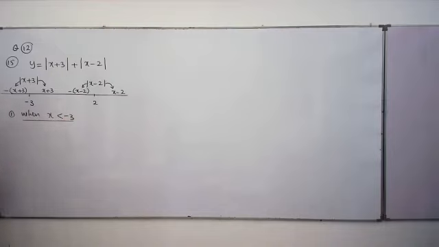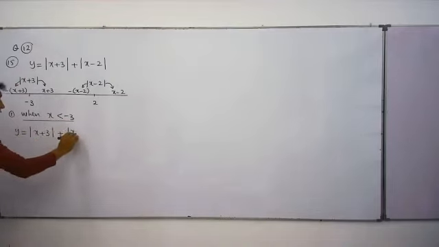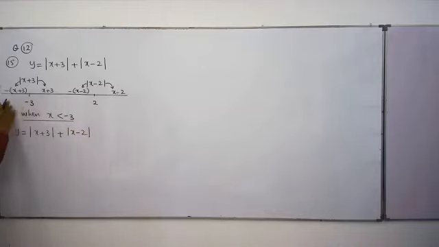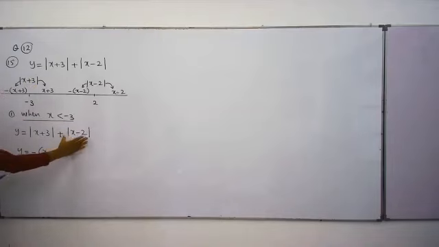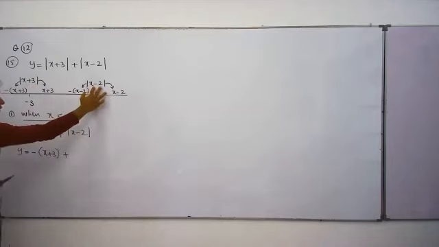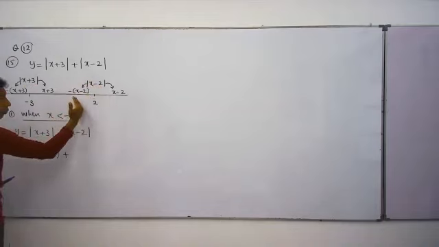When x is less than minus 3, we have to find what y is. y equals mod x plus 3 plus mod x minus 2. Now we are considering the left of minus 3. On the left of minus 3, mod x plus 3 is equal to minus x plus 3. So I can write minus x plus 3 plus mod x minus 2. On the left of 2, mod x minus 2 is equal to minus times x minus 2.